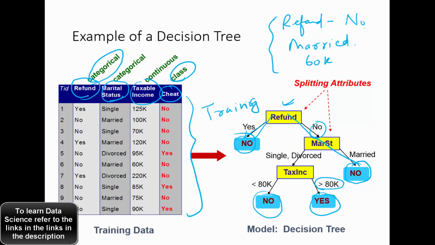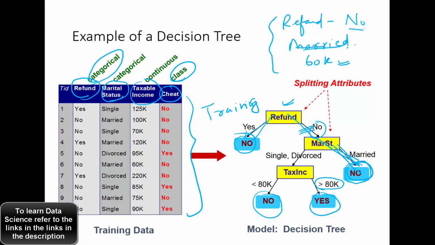How do we look at it? We just look at the decision tree. Refund, no, so we are here. Marital status, married, so we go straight away here. We don't have to look into the income. We're very sure he's not going to cheat, because that's where the decision says he's not going to cheat.